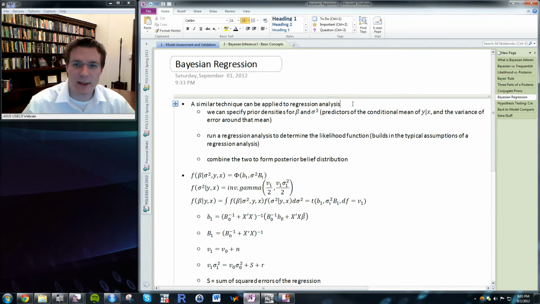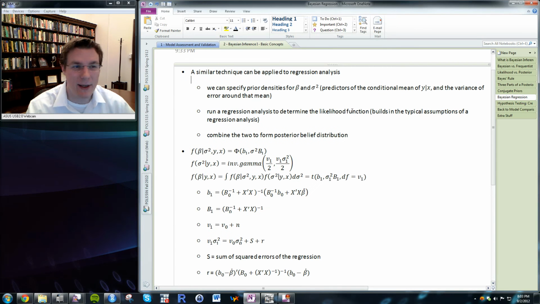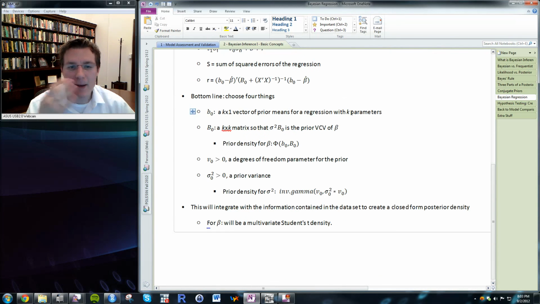So regression is a pretty complicated technique, and we can integrate prior beliefs into the regression analysis if we say in advance that we're going to limit our prior density to take a certain form. We're going to say our prior density for beta is going to take a multivariate normal form.